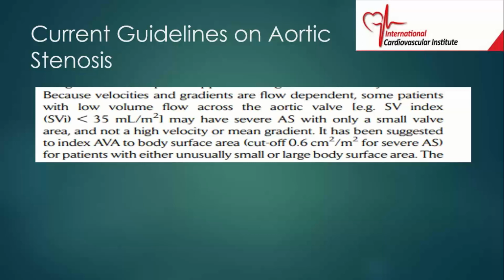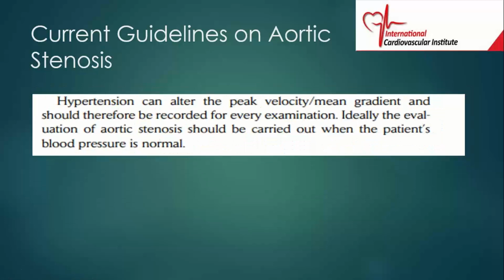So if you have a low flow situation, you have to do more. And we're going to look and see what else you need to do. Again, only if we have small individuals or very large individuals, you're going to use the index. So for regular patients, the index is not necessary, but for very small and very large patients, yes.